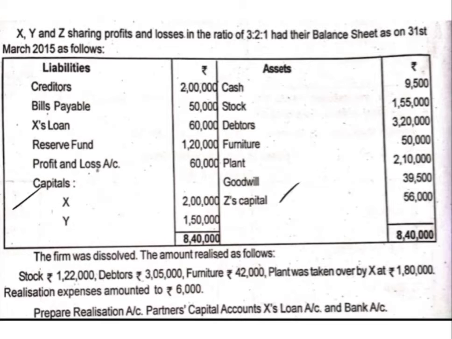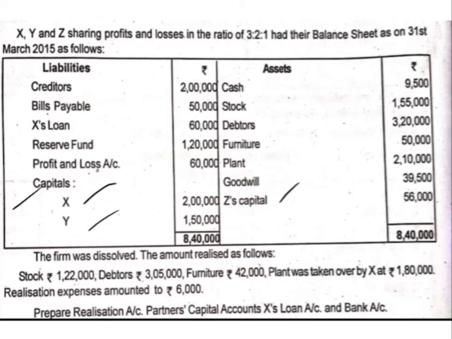But partner Z has a debit balance, so it is given in the asset side. When we prepare the partners' capital account, usually the opening balance is written in the credit side by balance brought down. In case of X and Y, we follow the same rule, but in case of Z, we have to write in the debit side, to balance brought down 56,000. That is the main difference we have here.